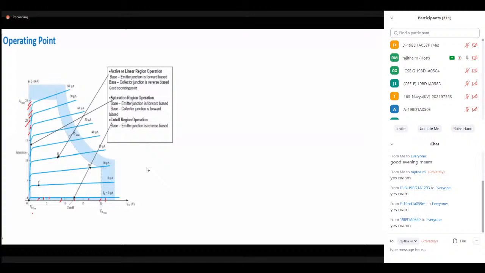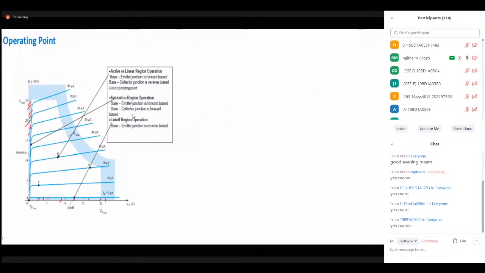Now, when I move to positive VCE, from 0 to positive, the base to collector junction becomes reverse biased. Hence the transistor operates in the active region.